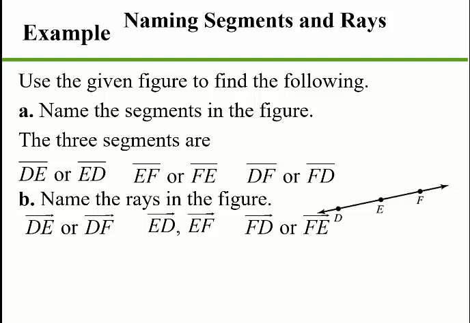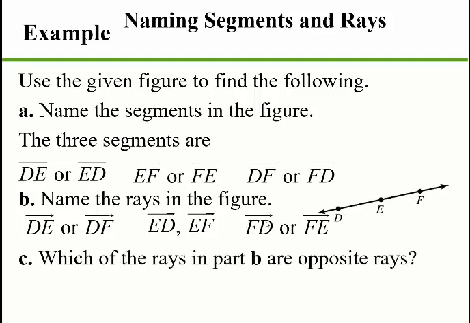Keeps going, look at this. You could have FD, which shoots this way, or FE that shoots this way, right? So think about this. Notice how there were 6 of them. That's pretty crazy.